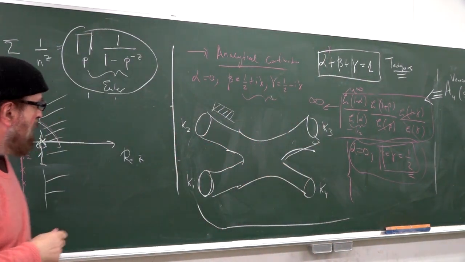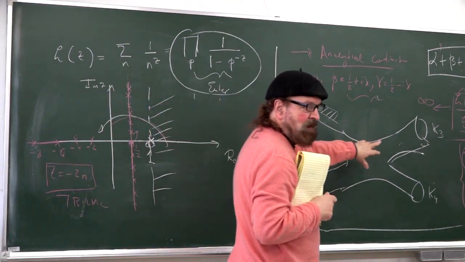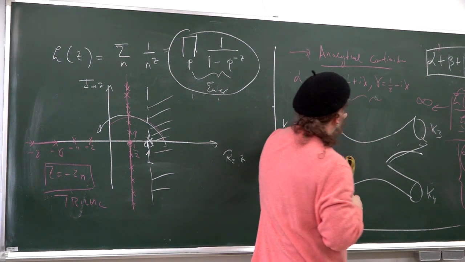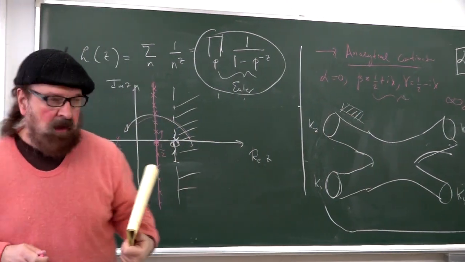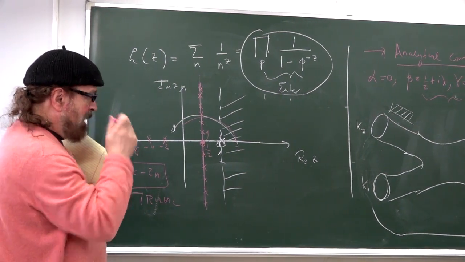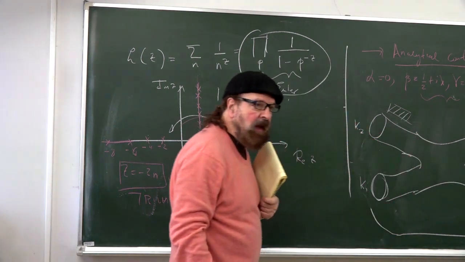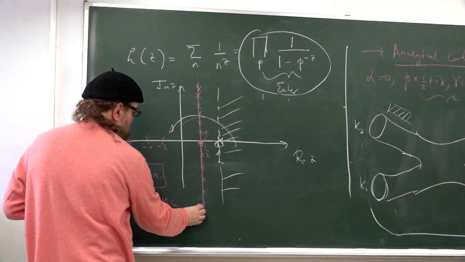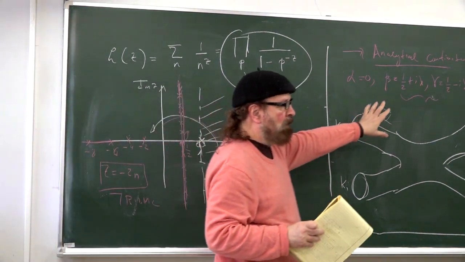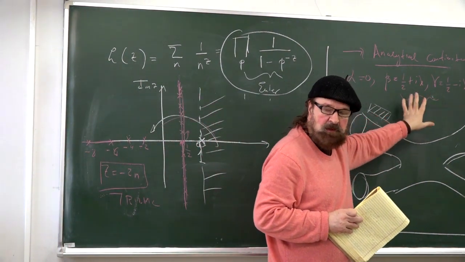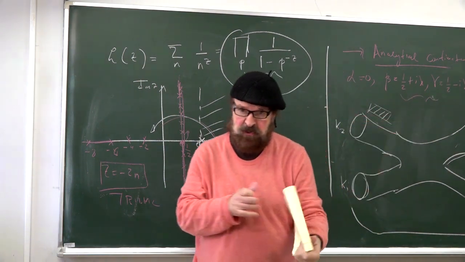So in that case, you're going to have a pole of the string scattering amplitude, but now beta and gamma are complex numbers, complex conjugates of each other. You're going to see that the location of these poles coincides with the location of the Riemann zeta zeros, because now I have a pair of complex conjugate variables whose real part is 1/2 and whose imaginary parts are the opposite of each other.